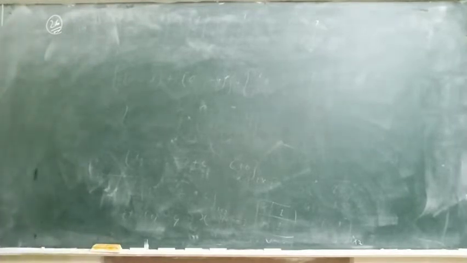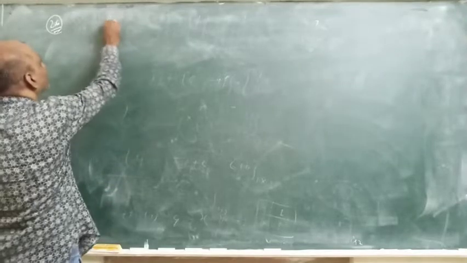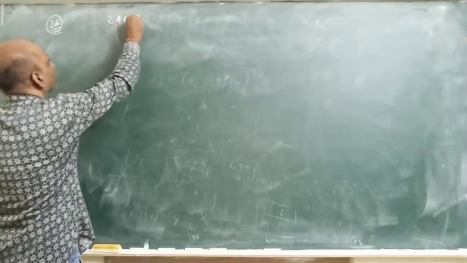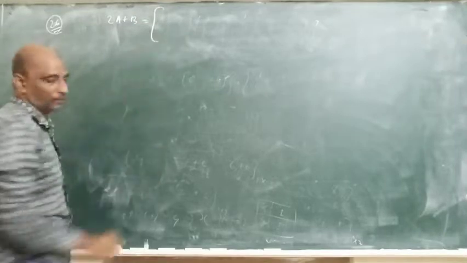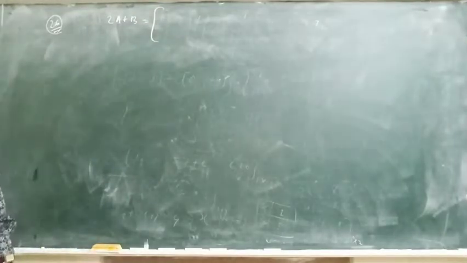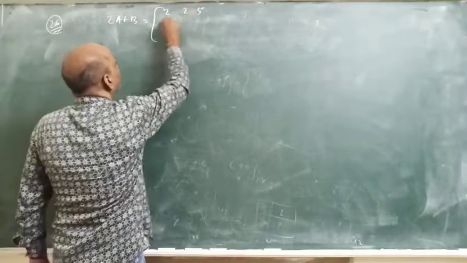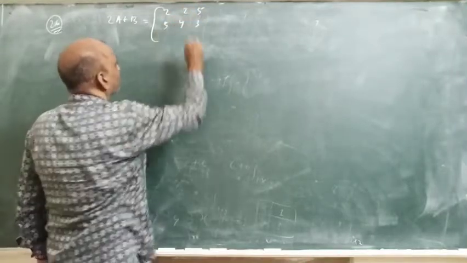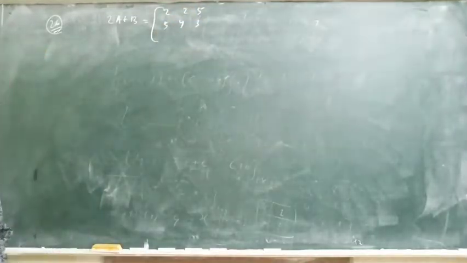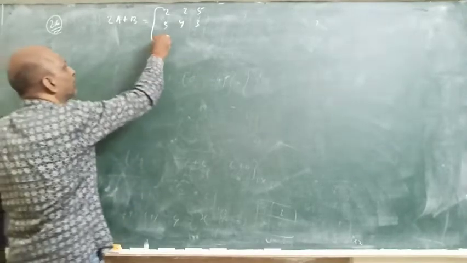2A plus B is given: 2 2 5, 5 4 3, 1 1 4.